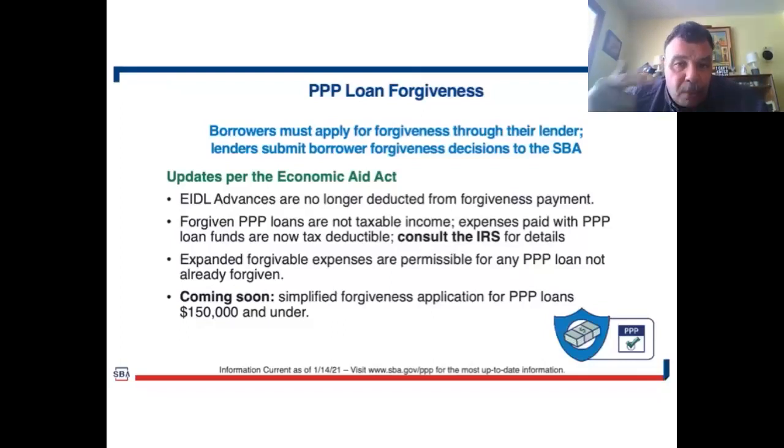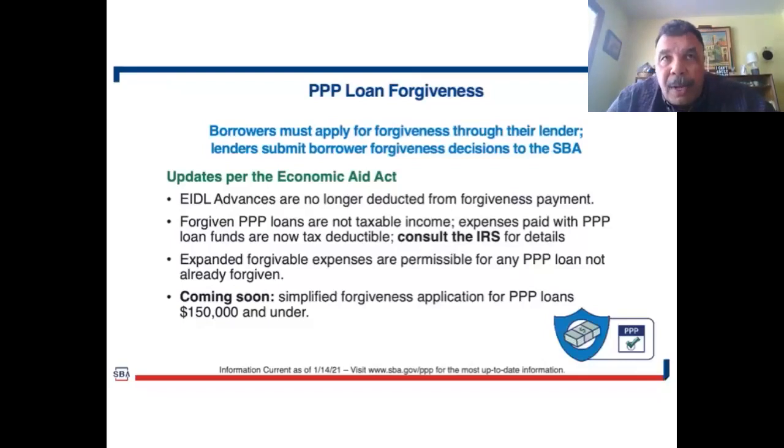Well, this time around, number one, we're going to forgive all the PP loans. They're not going to be taxable anymore. We talked about that. But with the EIDL advance, it's no longer going to be deducted from your forgiveness payment. That's the major point I want to make on this slide.